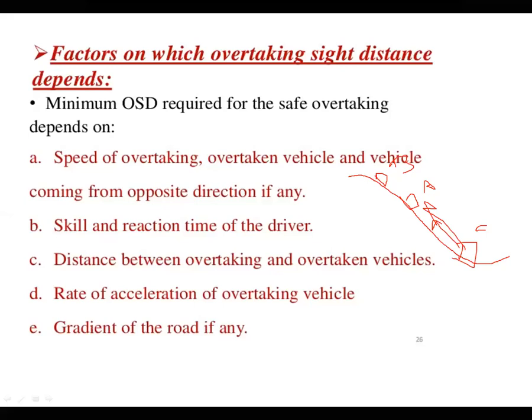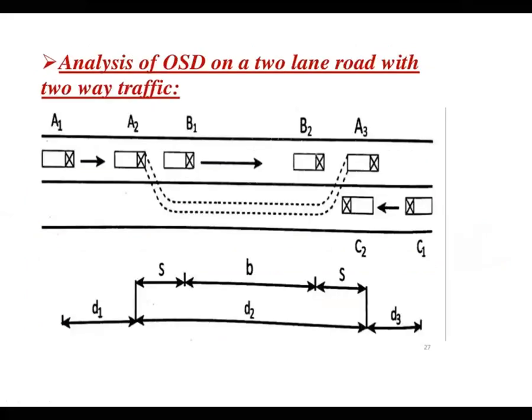So in that figure, you could understand the overtaking side distance very well. First of all, overtaking side distance is needed only when there is two-way traffic on the road. If there is one-way traffic on the lane, there is no need to provide the overtaking side distance.